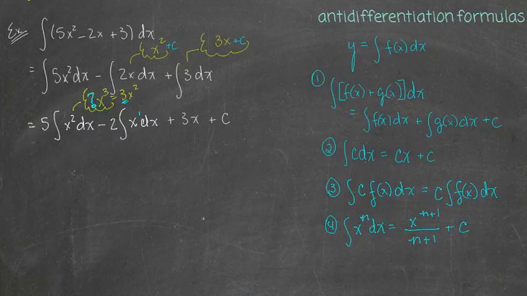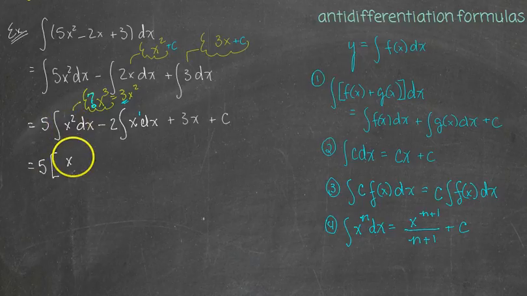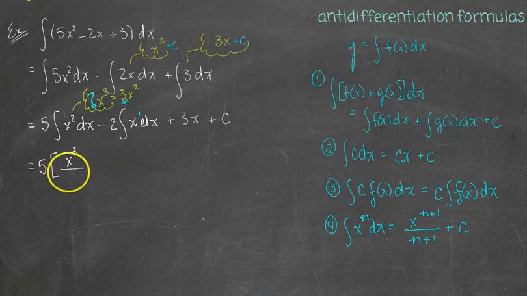So let's go ahead and do that. So in this first case, I've got my 5 out front. Since I'm about to actually take the antiderivative, I can lose my symbol, and I'm left with x squared in the numerator, or x to the 2 plus 1, so I'd have x cubed in the numerator, divided by 3, which is the n plus 1.